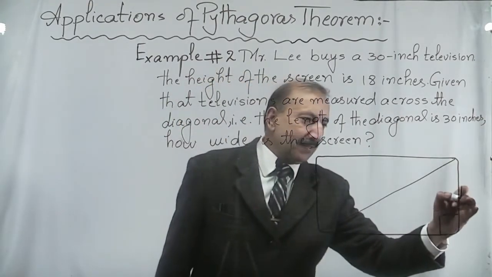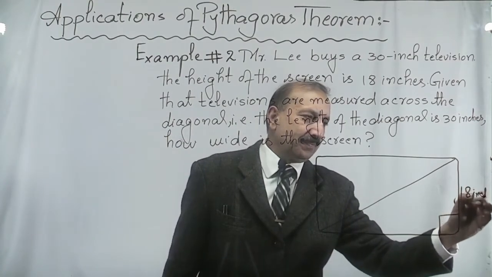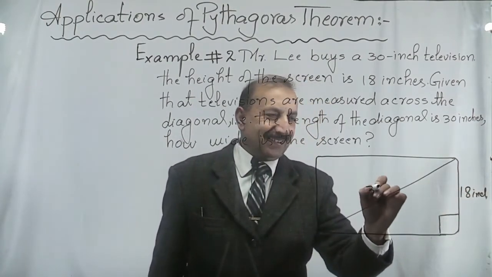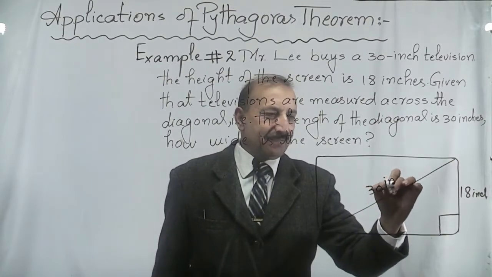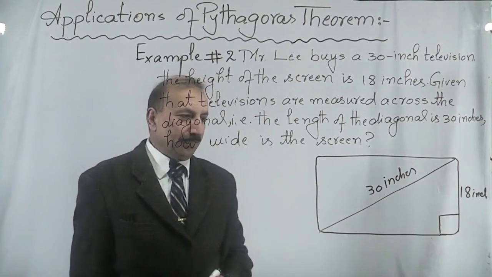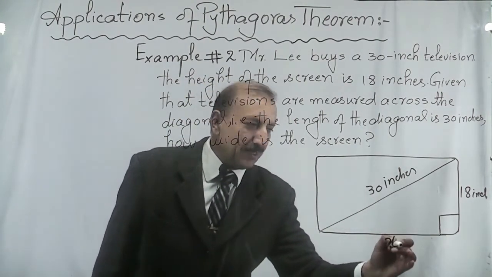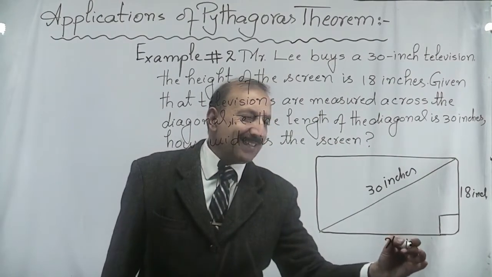And this height is given, this is 18 inches, and this is the 30 inches diagonal value. And the question is, we're supposed to find this width. How many inches are here?